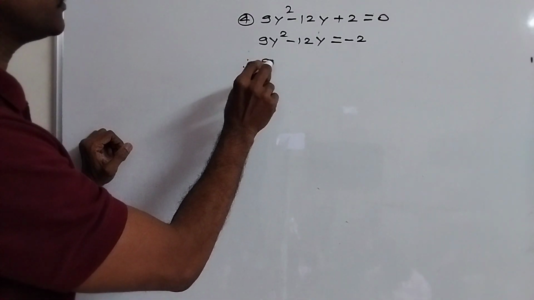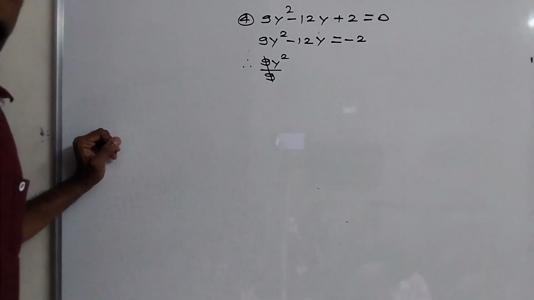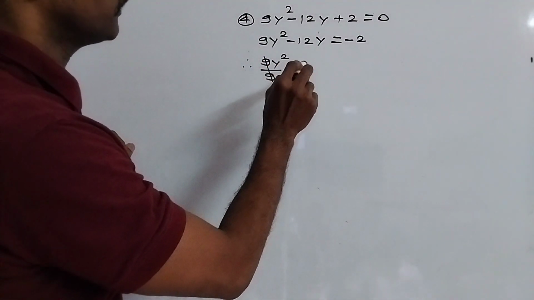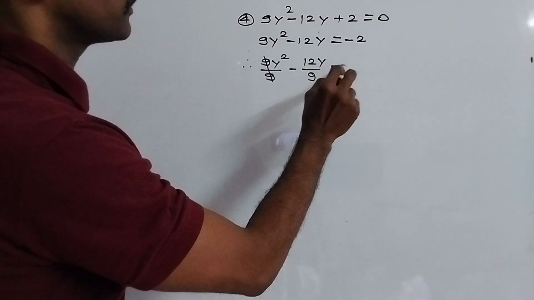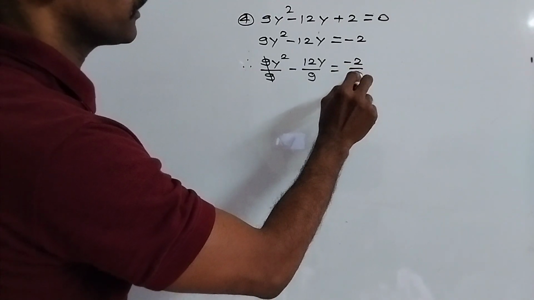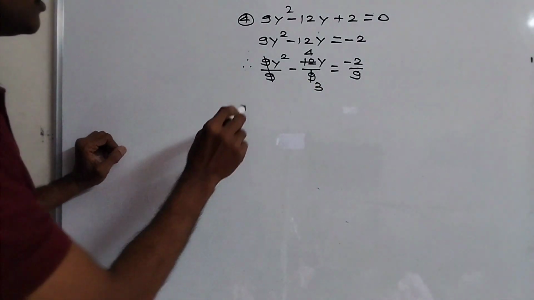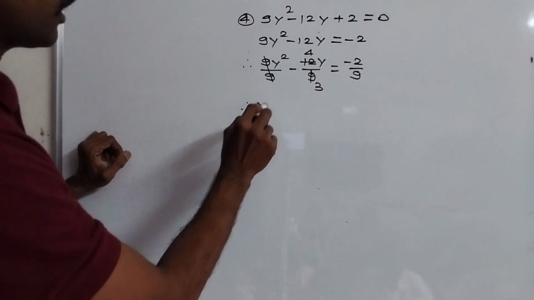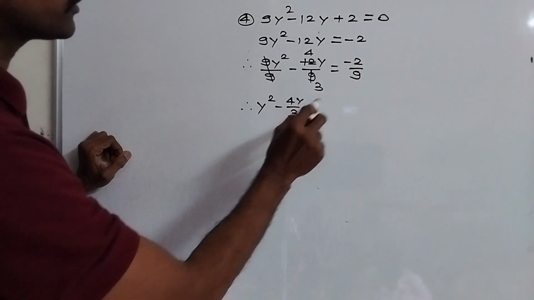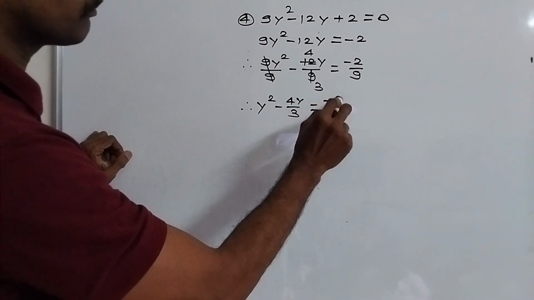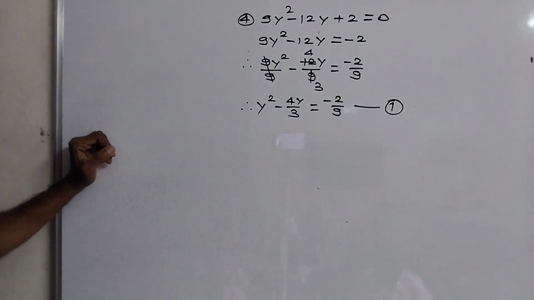Therefore 9y square upon 9 cancels, minus 12y upon 9, is equal to minus 2 upon 9. 3 4s are, 3 3s are. Therefore y square minus 4y upon 3 is equal to minus 2 upon 9. This is our equation number 1.